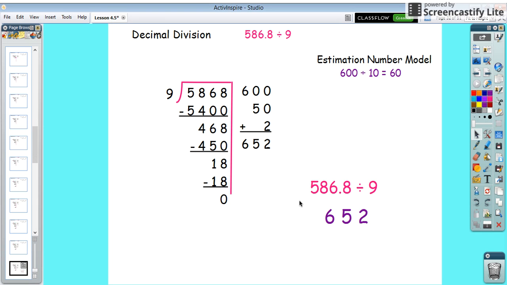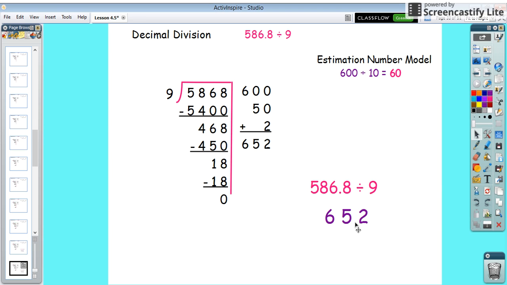So now I just rewrote our problem down here. We've got 586 and 8/10 divided by 9 equals 652. No, it can't be, it's not going to be bigger than our dividend. So we need to go back up to our estimation number model and we see 60. We need to decide where we can put the decimal so our answer is close to 60.